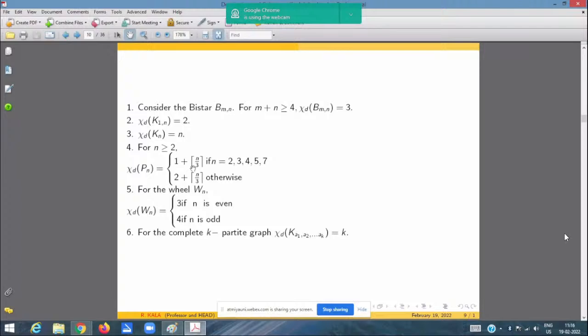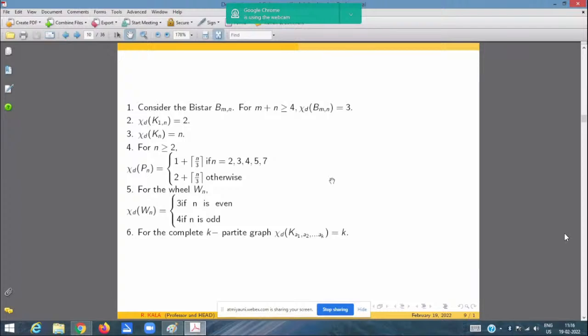And this is for the path, which you have to compute. For n equal to 2, 3, 4, 5 and 7, I compute it separately, and for n greater than or equal to 8, you have this number. Coming to the wheel, the center vertex has to be given a color, and that is a singleton color class because it is adjacent to all the other vertices.